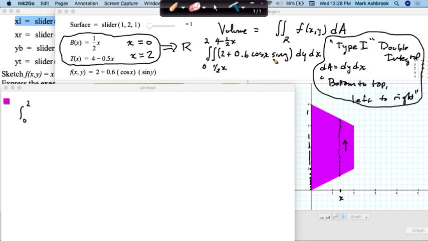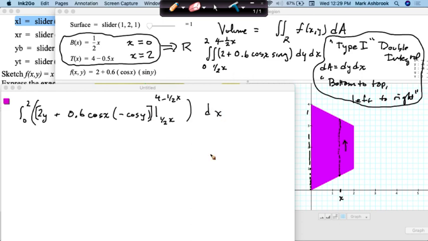With respect to y, we get 2y plus 0.6 cosine x, minus cosine y. And then we're going to do that from 1/2 x to 4 minus 1/2 x, and then dx. You see it? Antiderivative with respect to y, keeping x as a constant.